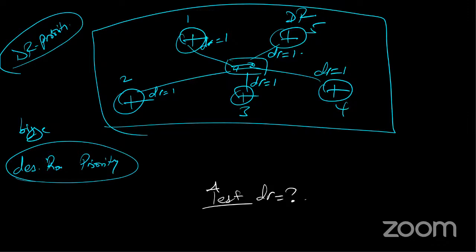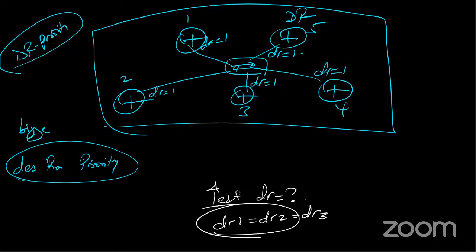But they all have the same one. That's the problem. Sometimes the DR priority of 1 is the same as the DR priority of 2, is the same as the DR priority of 3.